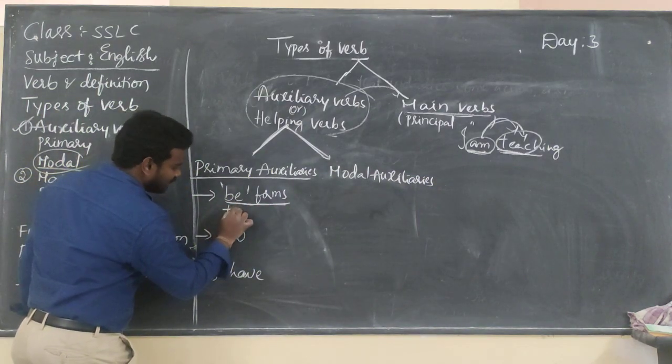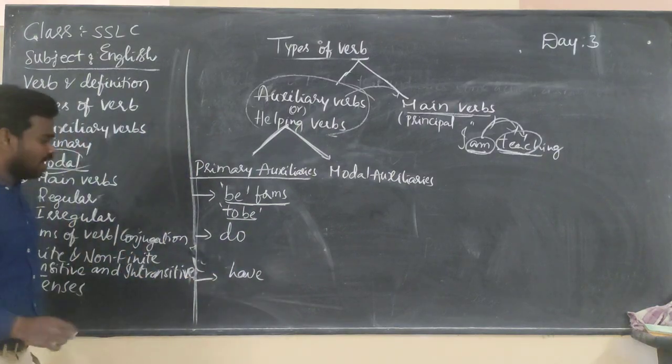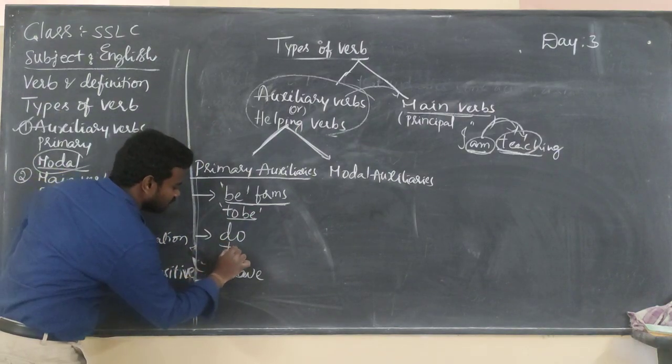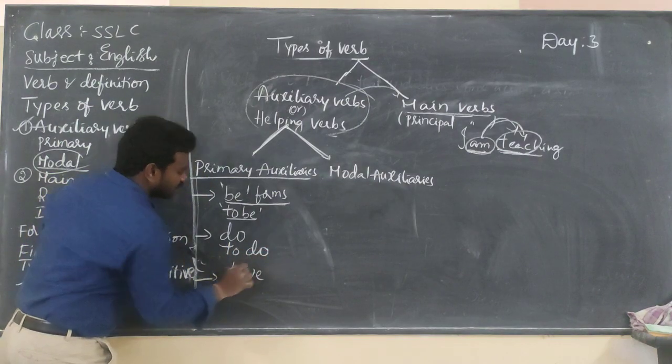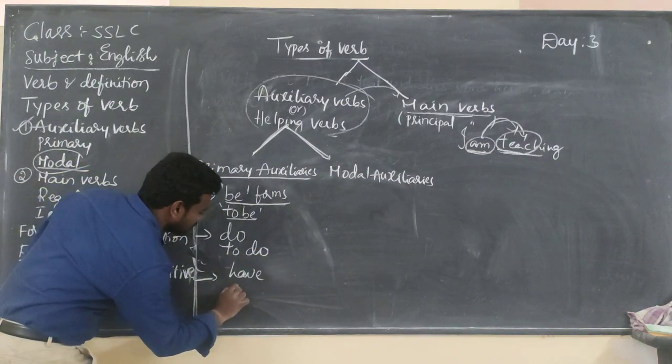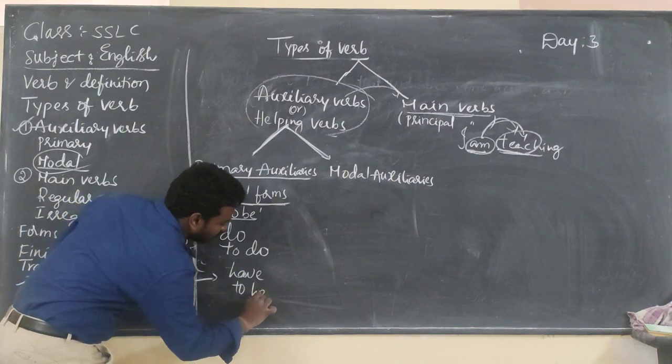It can be written as to be, do forms can also be written as to do, and have forms can also be written as to have.